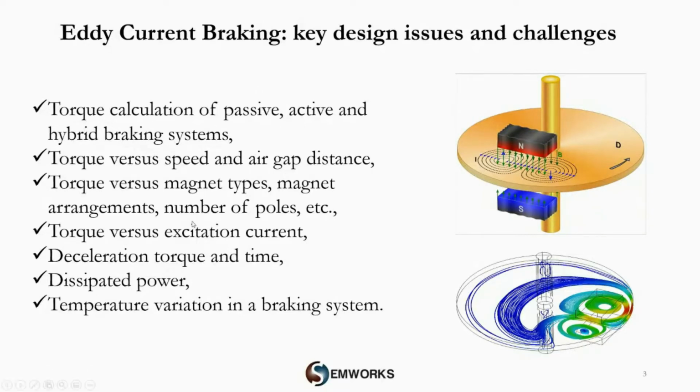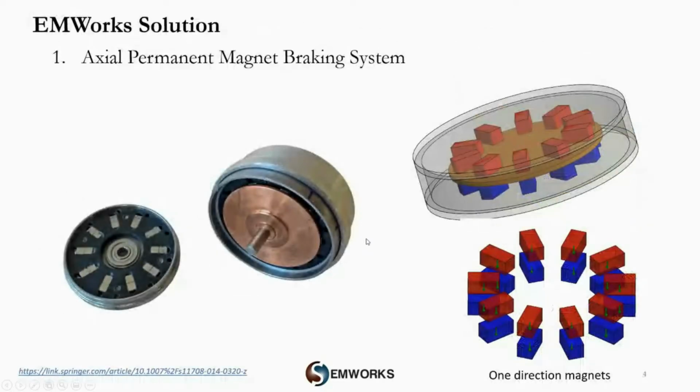Okay, let's go straight to some of the examples. This example here is called an axial permanent magnet braking system. In this configuration, the magnetization in all the magnets is in the same direction, one direction magnets.